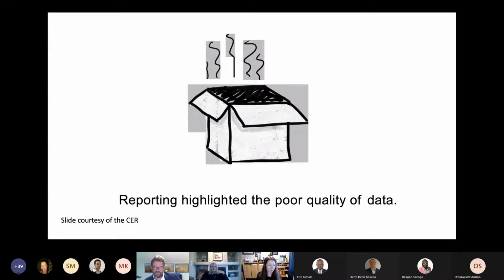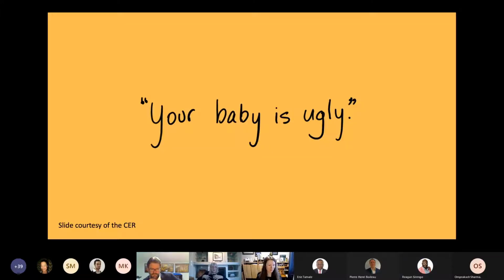And from the perspective of the specialists that use the data sets, what they were hearing all the time is, your baby is ugly. Because they know their data sets are incomplete. You don't need to tell them that. They work with these things every day in, day out.